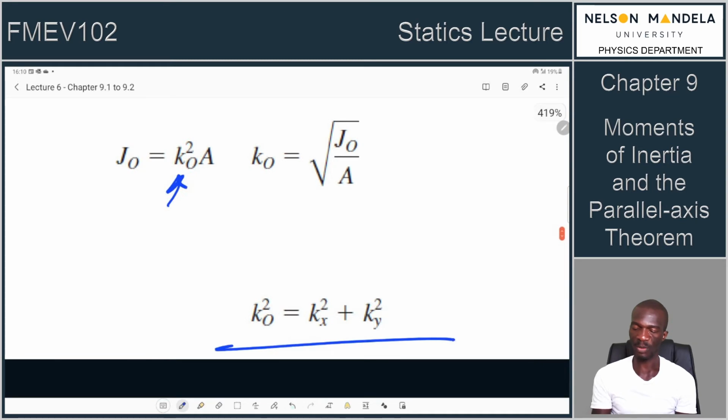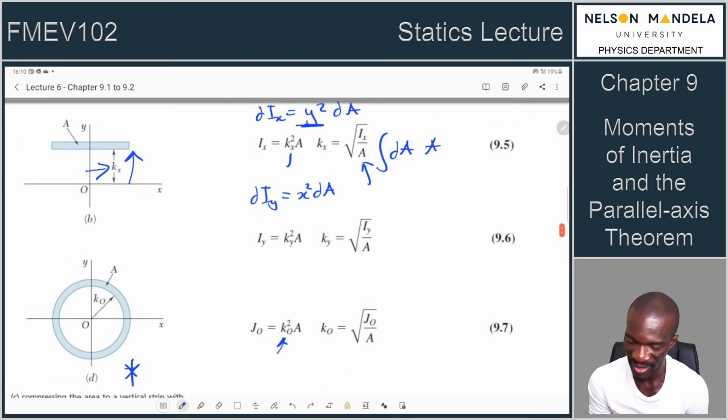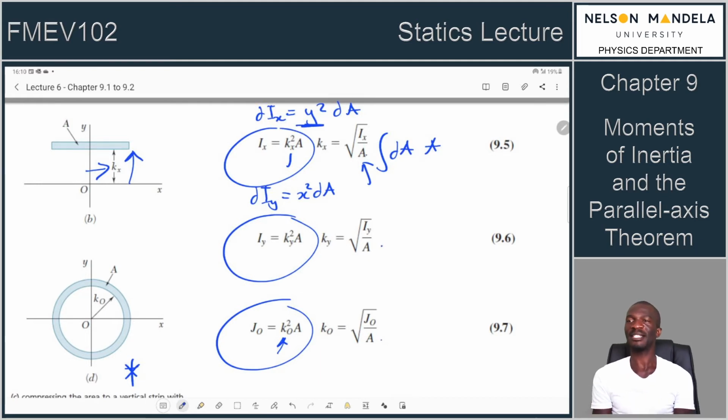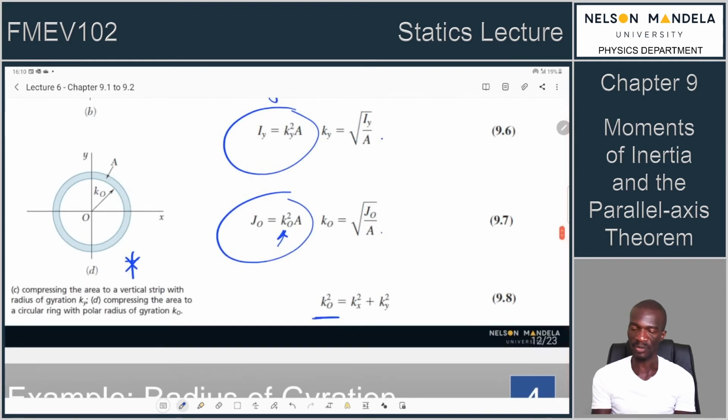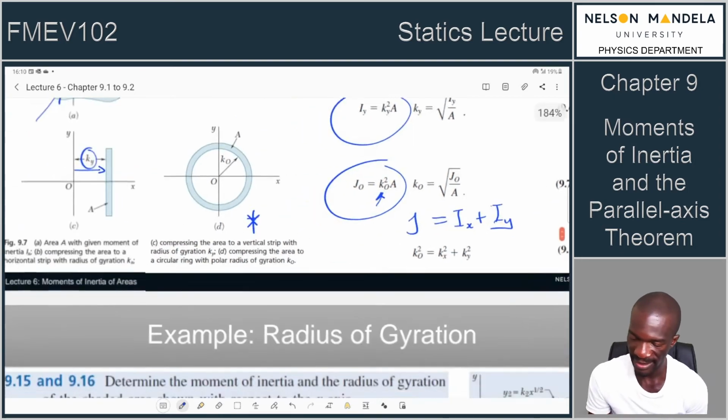This is how we can end up relating them, because we can tell from this set of equations that what is common is the area. So in the end, your k naught squared is equal to kx squared plus ky squared, just because your J is equal to Ix plus Iy. Right, so generally this is what is known as the radius of gyration by definition.